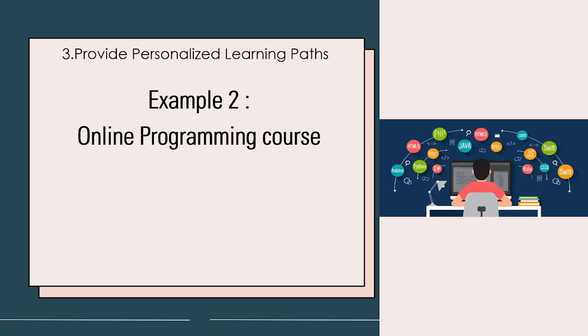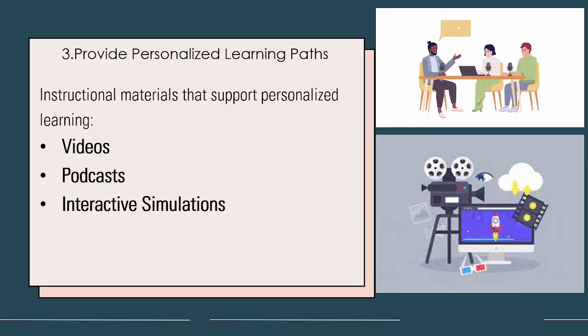Another example is an online programming course where students begin with a diagnostic assessment to determine their proficiency. Based on the results, they are guided to different learning tracks, ensuring beginners start with foundational concepts while advanced learners tackle complex coding challenges. To support personalized learning, instructors can offer multiple types of instructional materials: videos, podcasts, interactive simulations, and text based resources, so students can choose the format that suits them best.